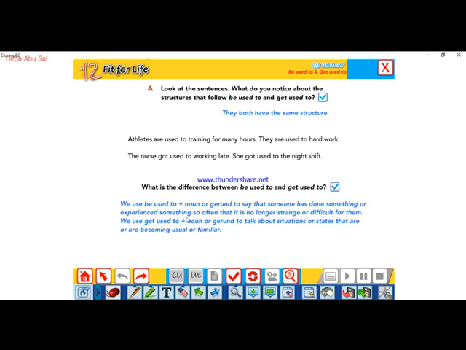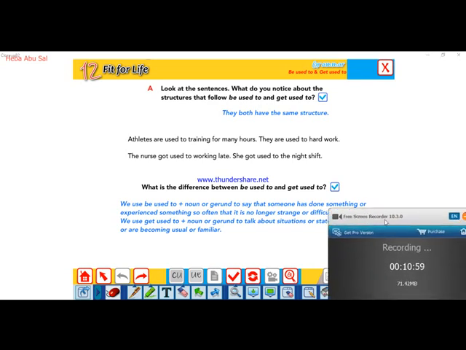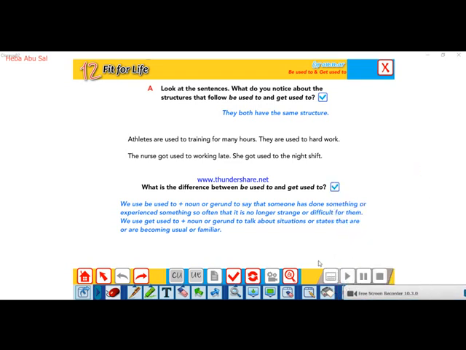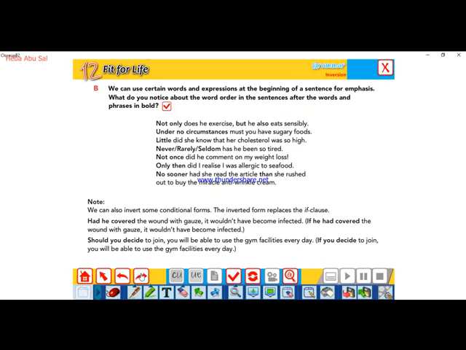But get used to plus a noun or adjective is used to talk about situations or states that are becoming usual or familiar.